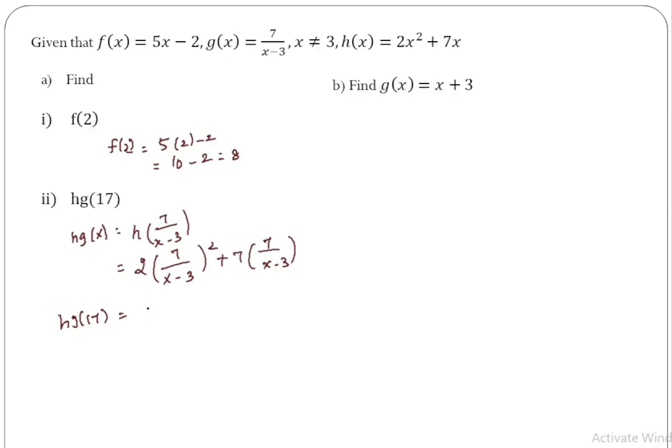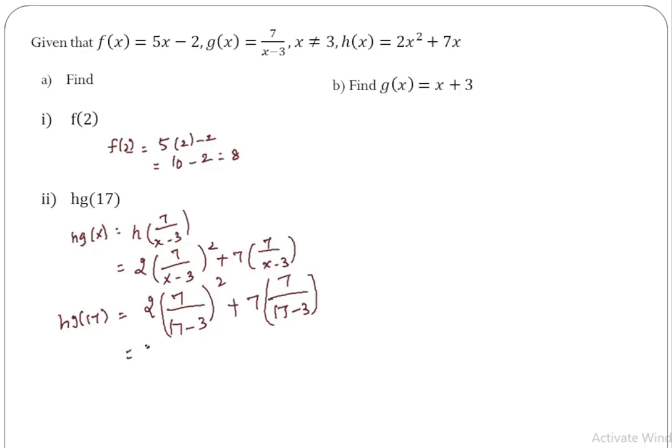Now we have to substitute x as 17, so 17 minus 3, whole squared, plus 7 times 7 over 17 minus 3. Now what we have to do? We have to simplify this expression.